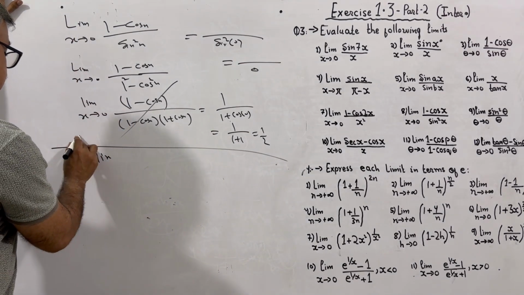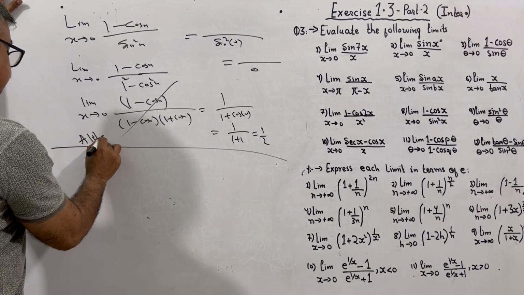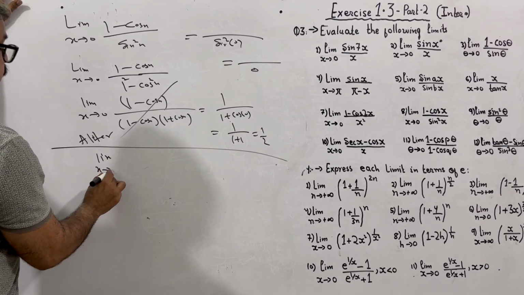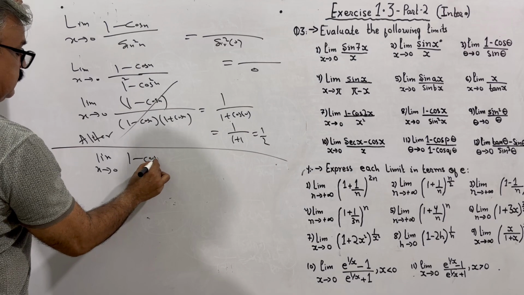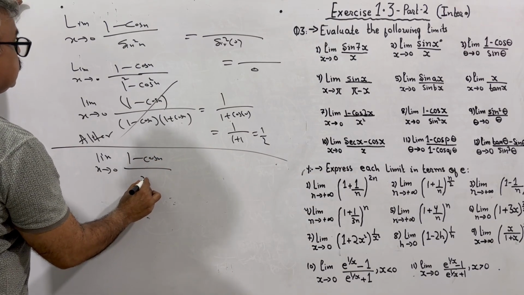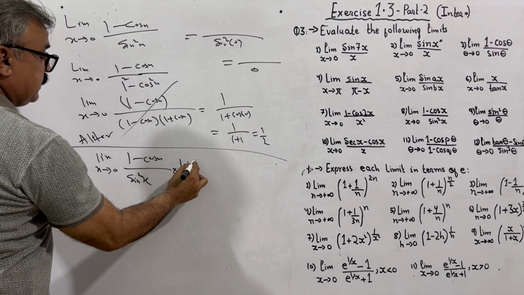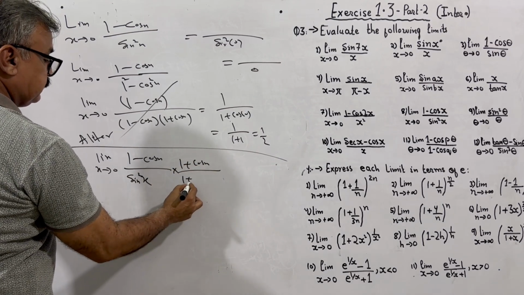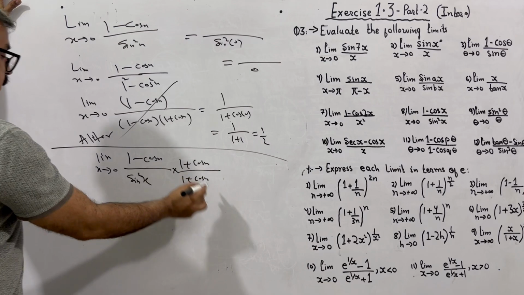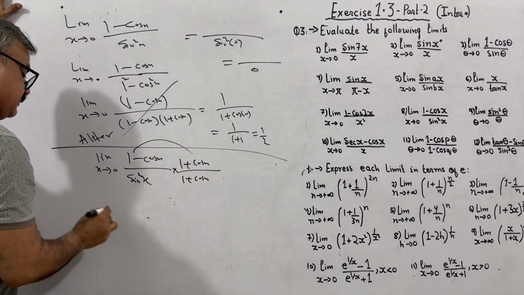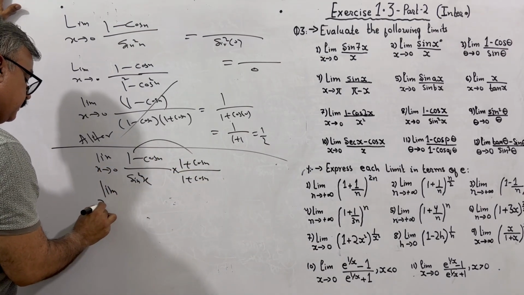Limit x tends to 0 of 1 minus cos x overall sin square x. Divide and multiply by 1 plus cos. 1 minus cos, 1 plus cos, difference of two squares: it is equal to 1 minus cos square.